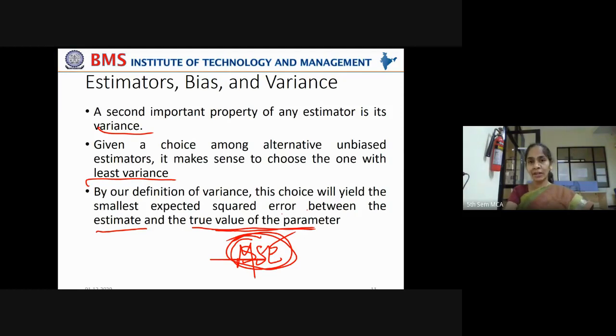Least mean squared error means the average of the summed up squared differences between the sample error and the true error. That should be the least to find the best performing machine learning model.